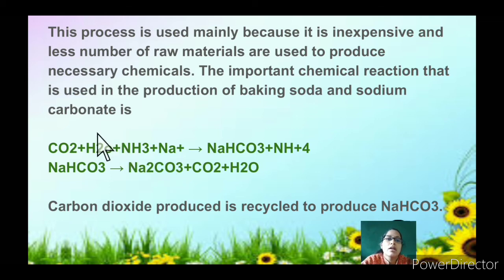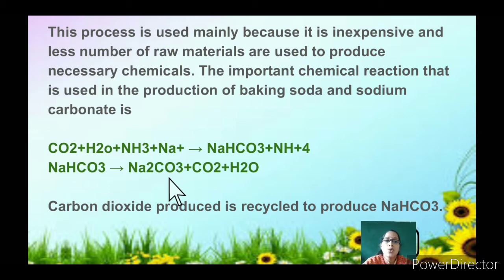Here you can see that carbon dioxide in the first process, along with water, ammonia and sodium salt, gives rise to the formation of sodium hydrogen carbonate or baking soda, and NH4 is released. Sodium hydrogen carbonate is again used for the second reaction, a decomposition reaction.